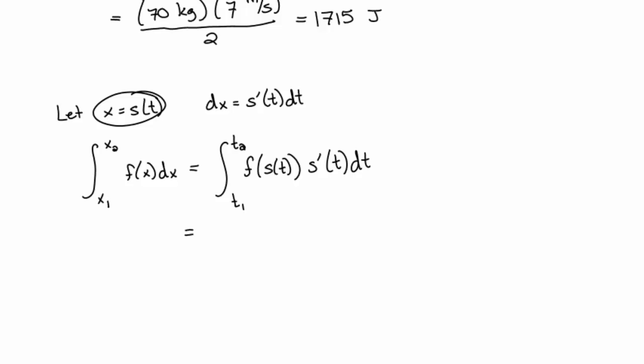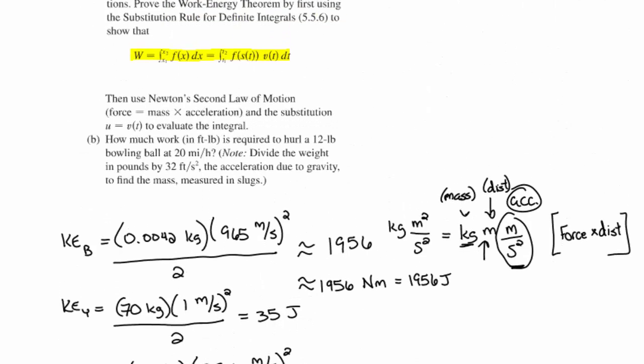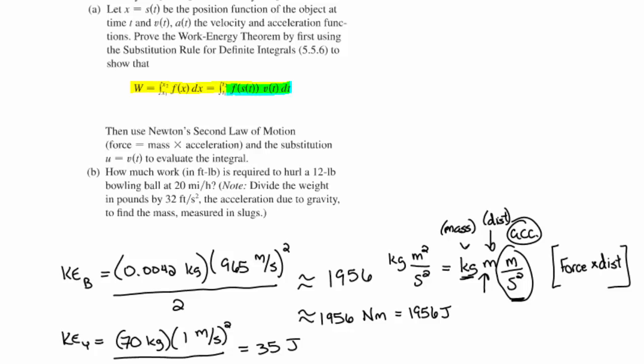We don't know what those times are, but that doesn't matter. So anyhow, integral t1 to t2, f of s of t, and then v of t dt. And if I scroll up here, you'll see that is actually what we wanted to get to.